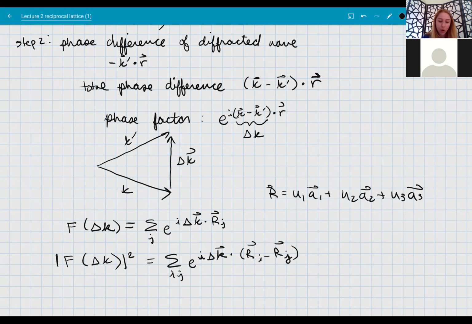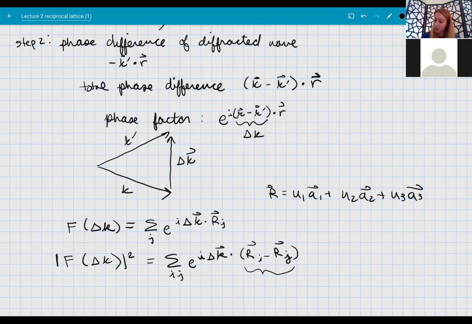Each of these are basically differences between 2 points on the direct lattice, so these are translation vectors of the lattice.